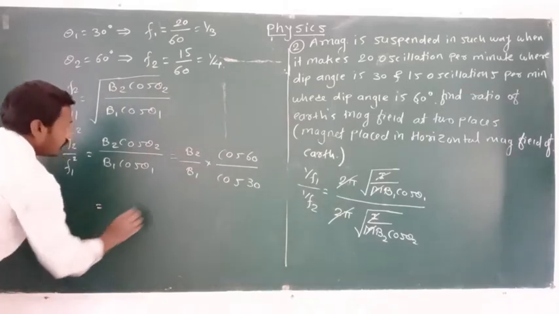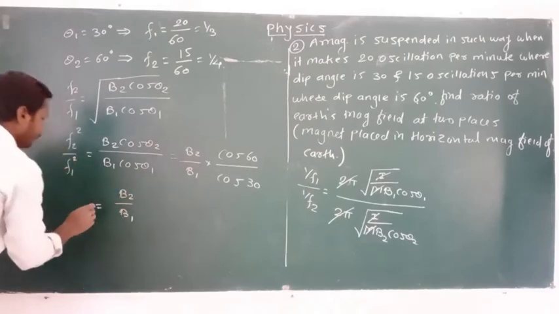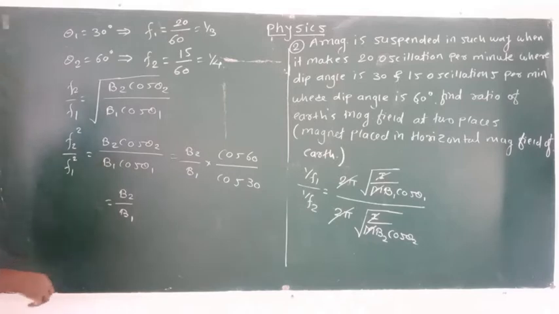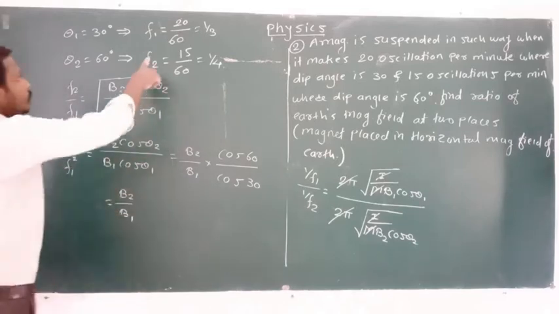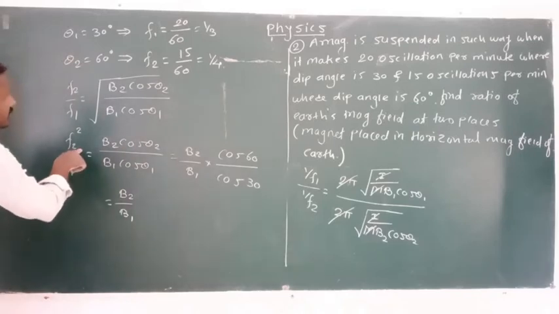Then B2 divided by B1 is equal to F2 square, that is 1 by 4, and F1 square, that is 1 by 3.